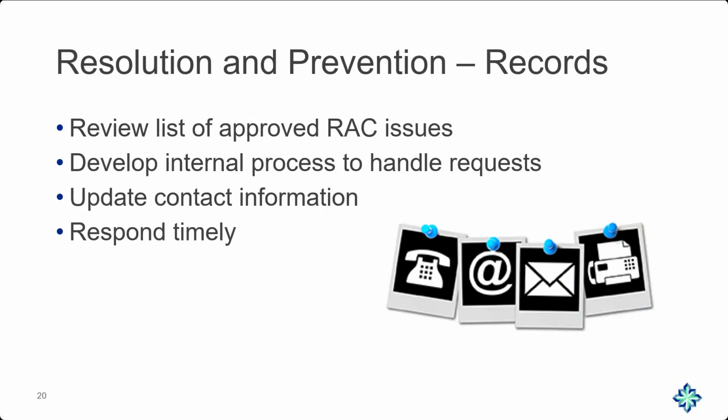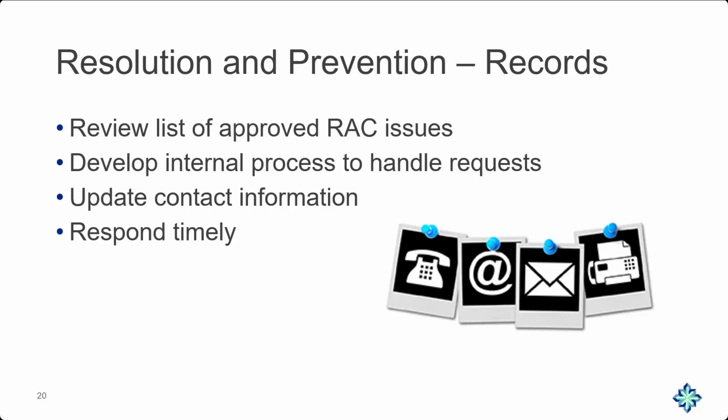If you're not familiar with how the RAC works, they propose service types or facility types that they want to review. They submit that to CMS, and CMS either says, yep, go ahead with the review, or no. So there is a list of approved topics published on their website.